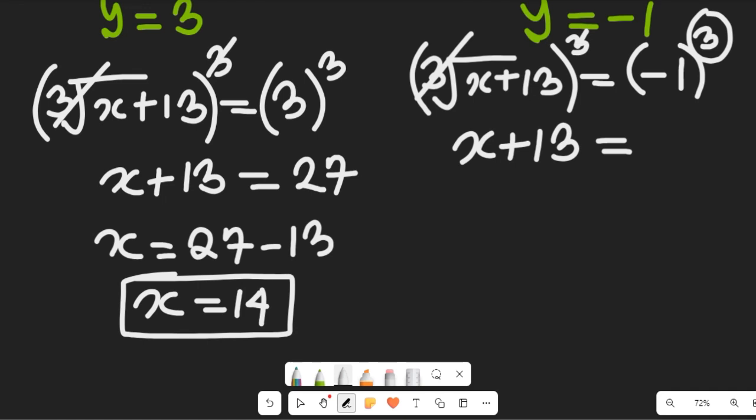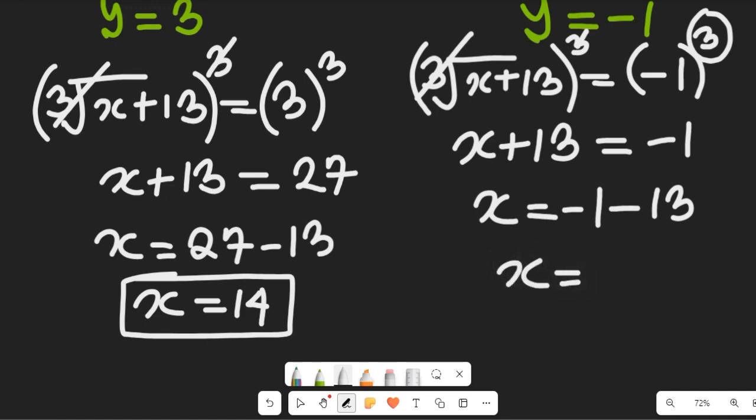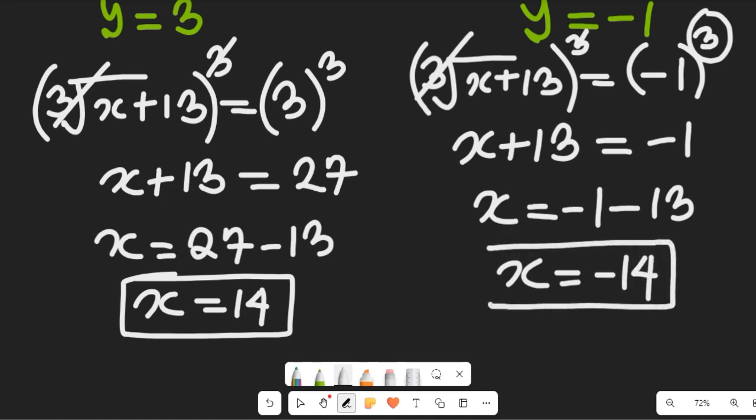So we're going to have that to be negative 1. So if that becomes -1, then the value of our x will be equal to -1 minus 13. So that will make our value of x to be equal to -14. So we have the value of our x to be equal to 14 and -14.